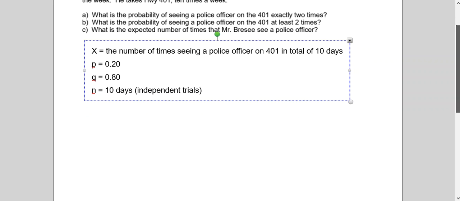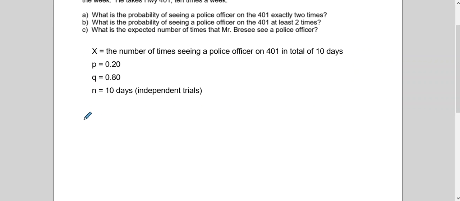All right. So what's the probability of seeing exactly 2 times? Well, if I was writing this out, big X is equal to 2. That's my success, seeing it 2 out of the 10 days. Better write a 2 in there.